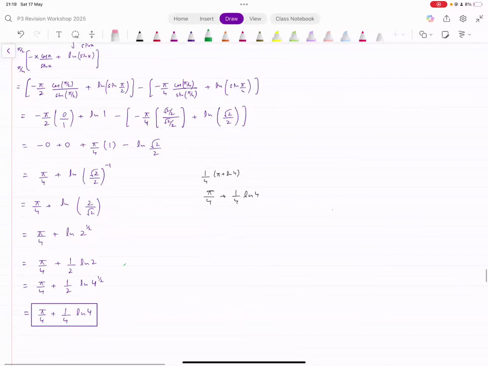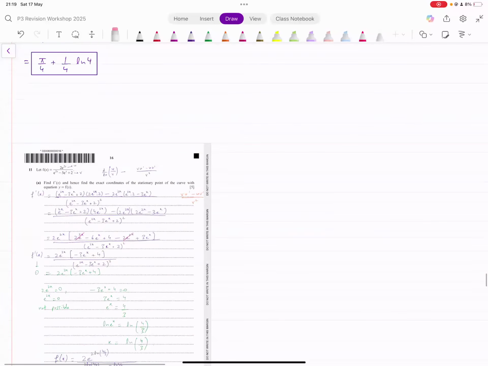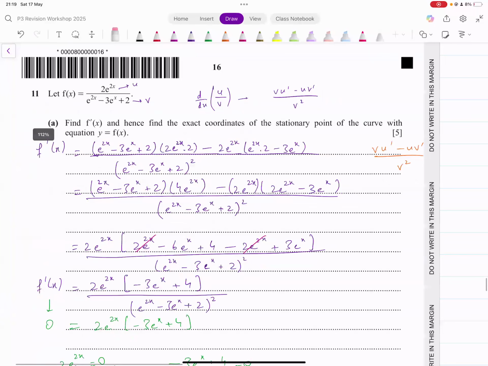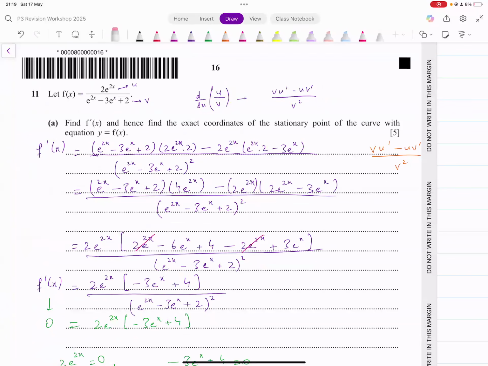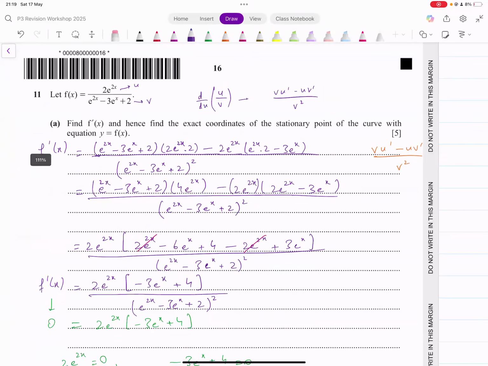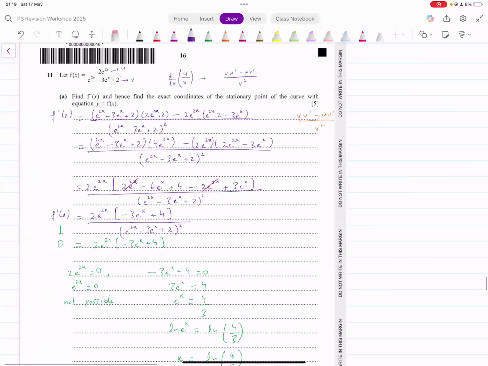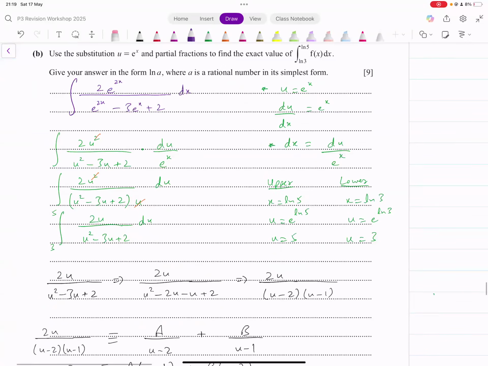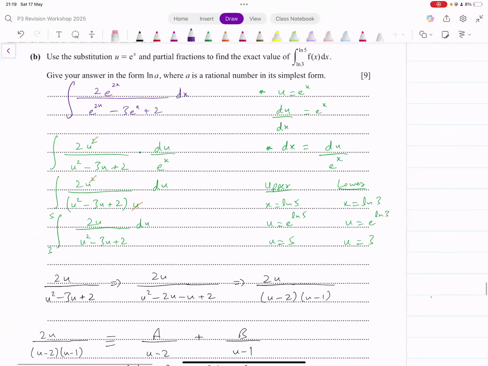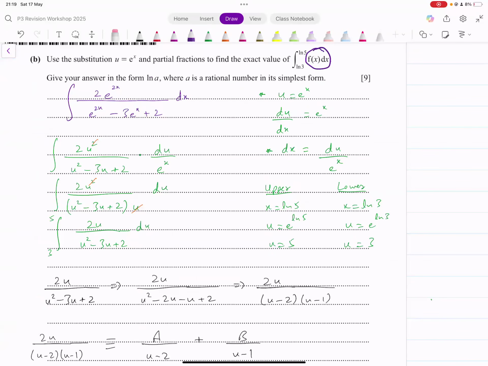Similarly, you find other questions. For example, this is the function. In the first part, it's about differentiation; we'll skip that. In the second part, they want you to use this substitution and partial fractions to find the exact value of this integral. Now, f of x was this fraction. How do you integrate this?